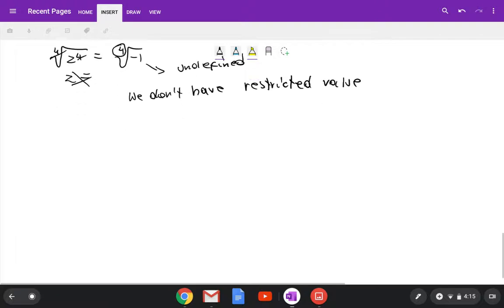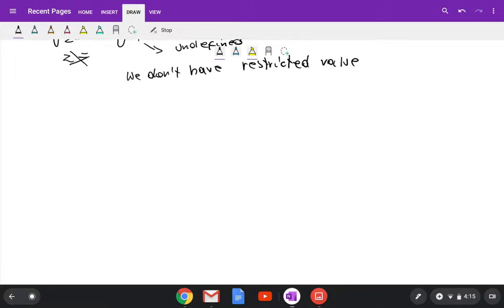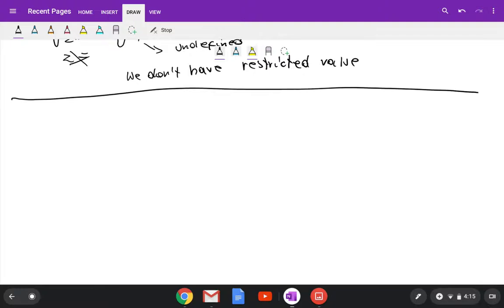Next objective of this lesson is about simplifying rational expressions. And I'm going to explain all the steps based on this example.